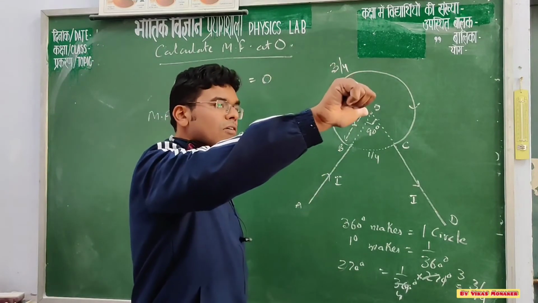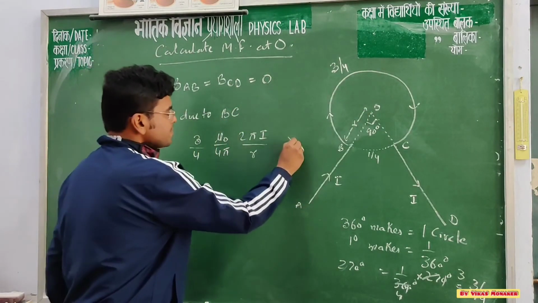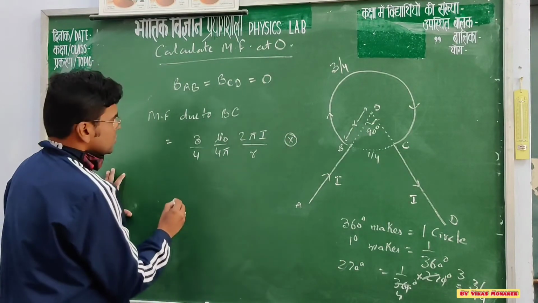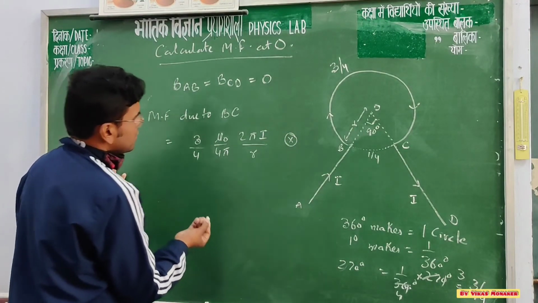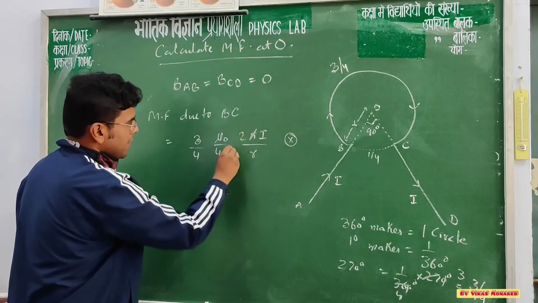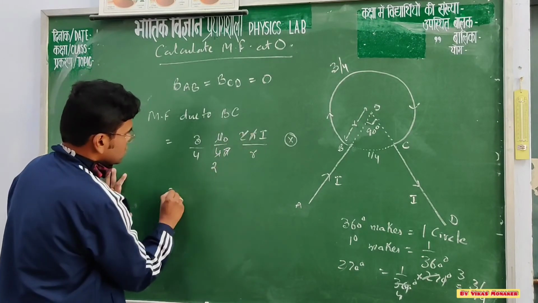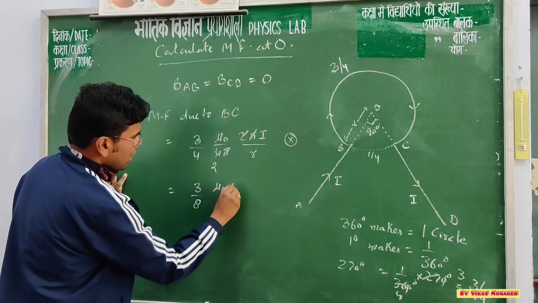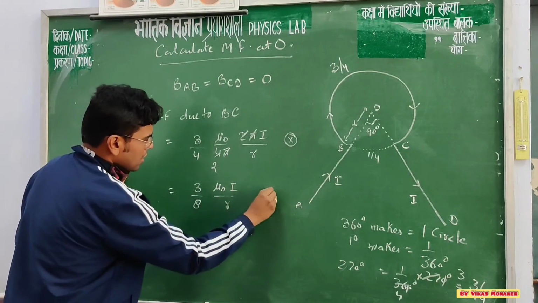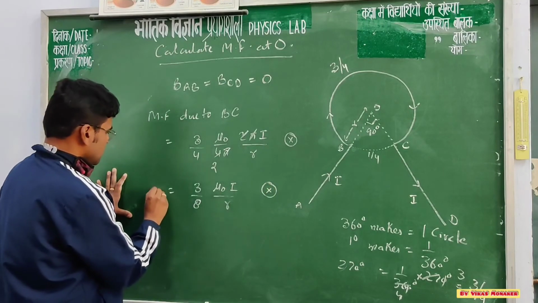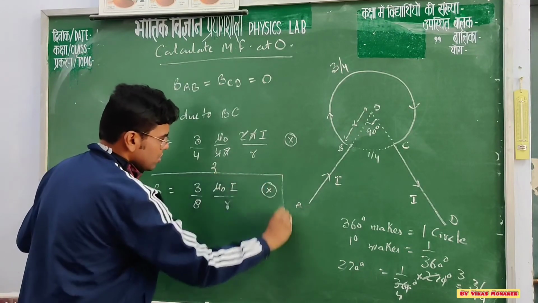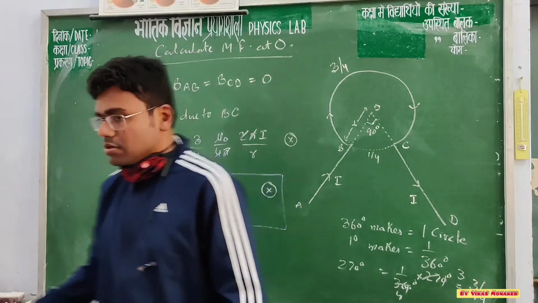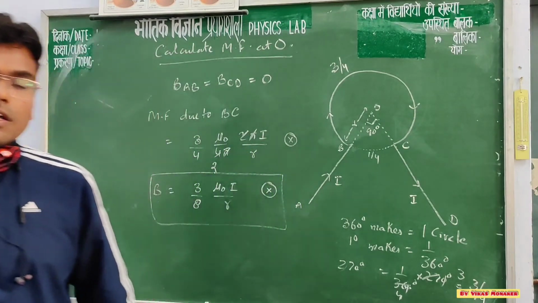Using the right hand thumb rule, clockwise, it is coming in the inward direction. So the magnetic field will be in the inward direction. So total magnetic field you can write like this: pi and pi cancel 2. So it will be 3 upon 8 mu naught I upon r in the inward direction. This is the total magnetic field due to this shape.